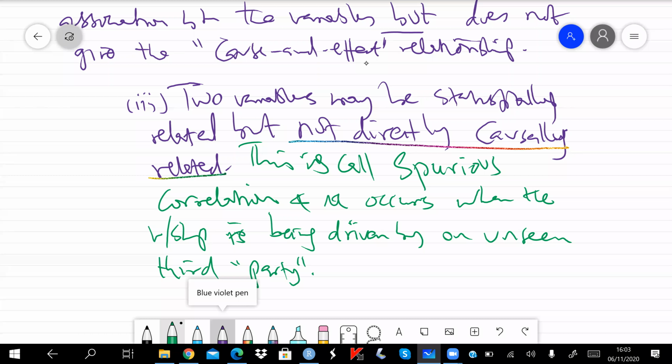The variables seem to have some relationship, but that relationship is just driven by a third variable.